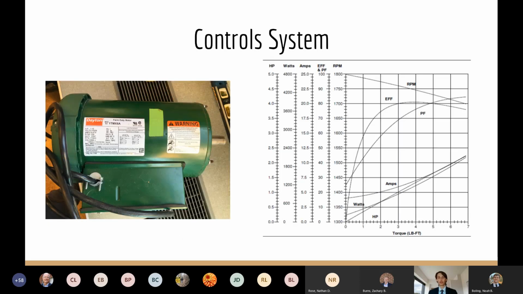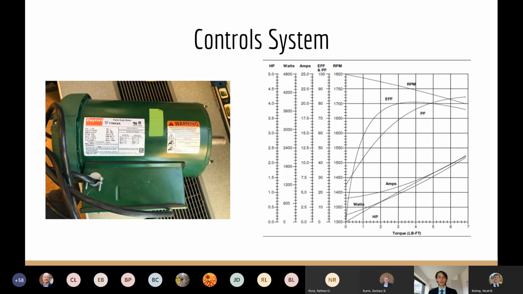The next system we needed to control was the motor. Now, since we did not have enough money in the project to purchase our own, we had to use the ones which were available to us from previous projects. The first one we considered was a Dayton motor, and our motors needed to reach three criteria. One, they needed to step between RPMs, they needed to have 1.5 horsepower, and they needed to be controlled through LabVIEW.